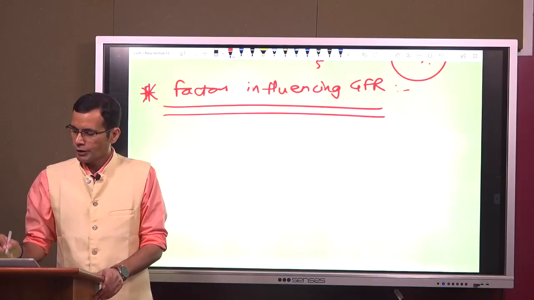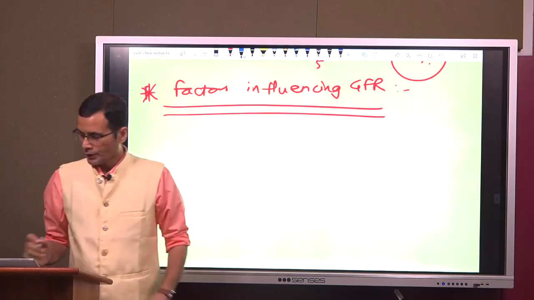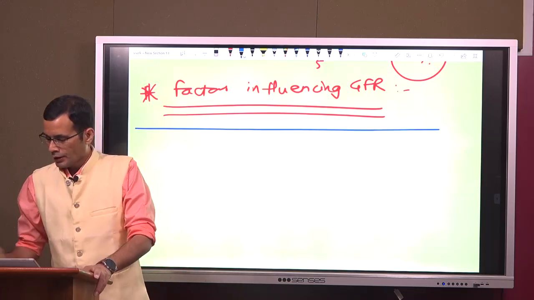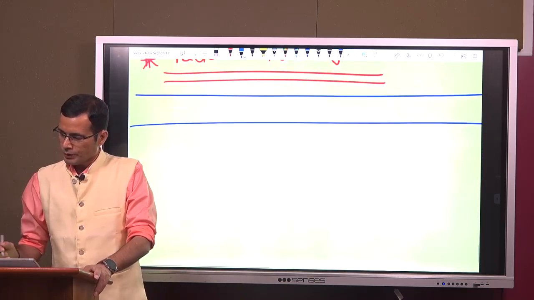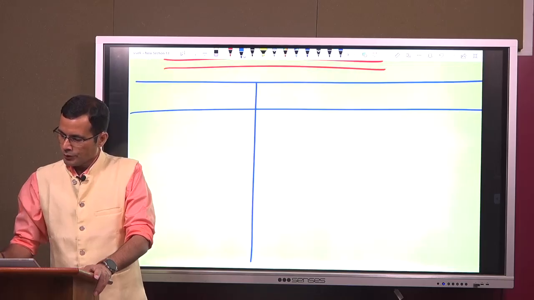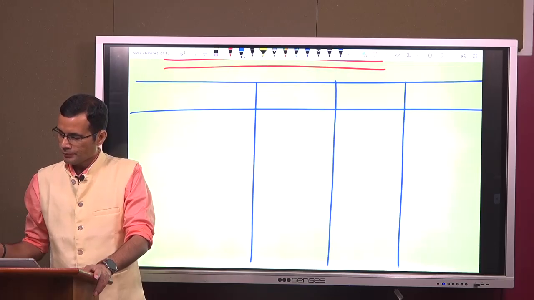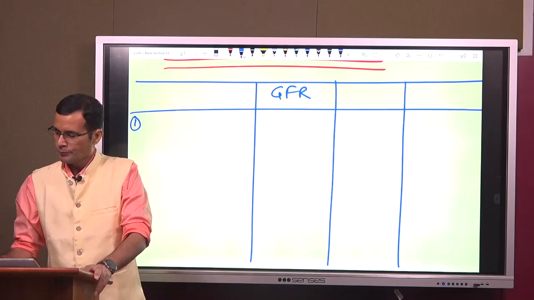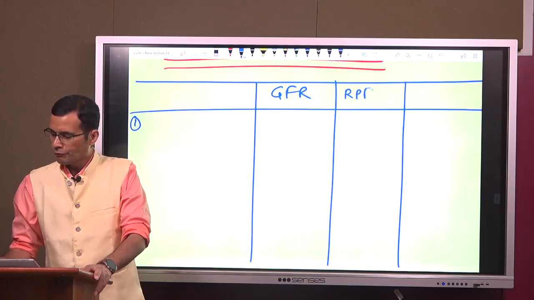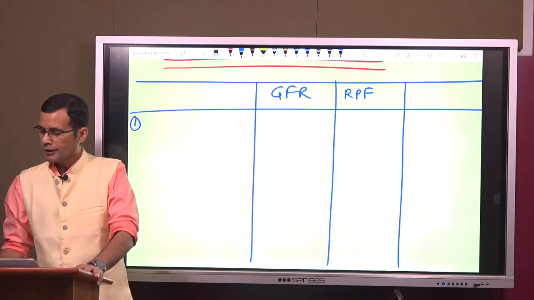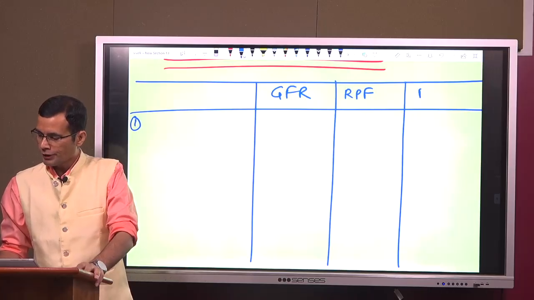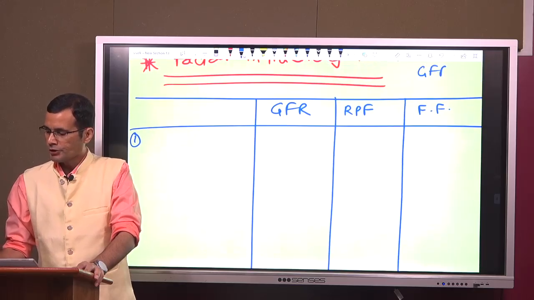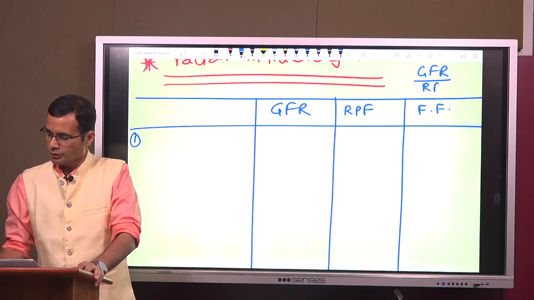So what we can do here is, we will take one factor and then we will say what happens to GFR if this happens, what will happen to the renal blood flow and renal plasma flow, and therefore what will happen to the filtration fraction. Filtration fraction of course is GFR upon RPF.